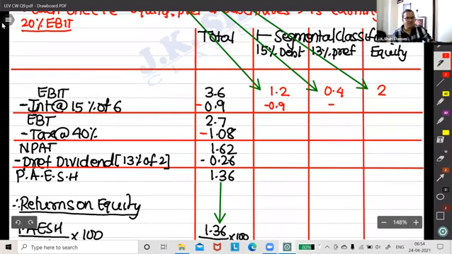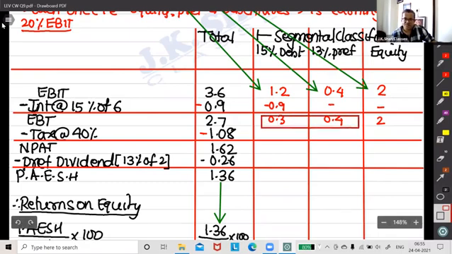So nothing to be charged here, nothing to be charged here. You can solve along with me now. You have the format ready, so go on putting the things over there. So 1.2 minus 0.9 gives me 0.3. This 0.4 would be as it is. This 2 would be as it is. And you can check the horizontal total as well.